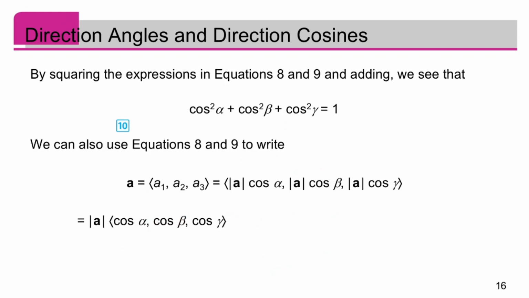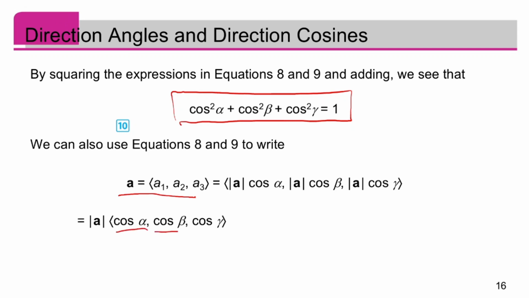There's an interesting tidbit that you get from the dot product and the cosines, and this is just another way of writing the vector a.